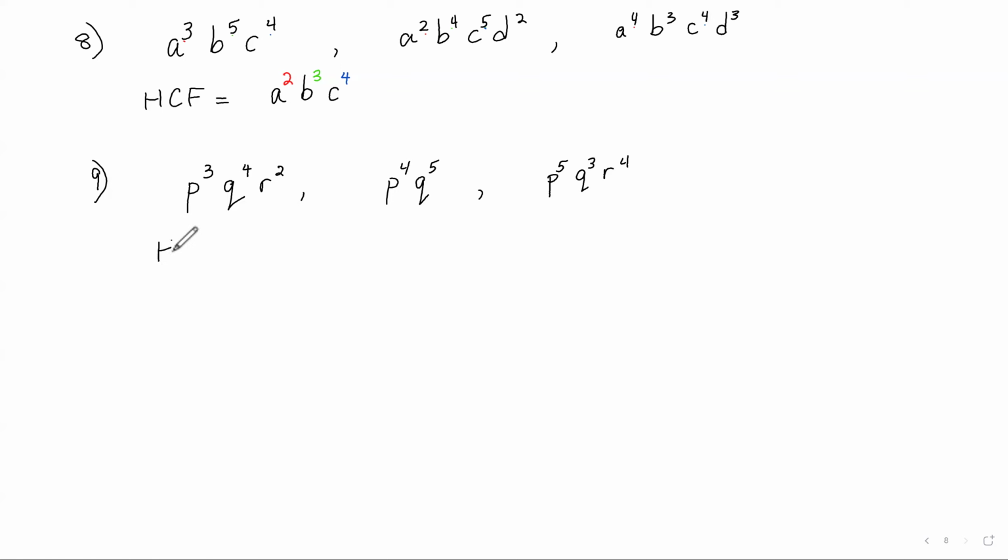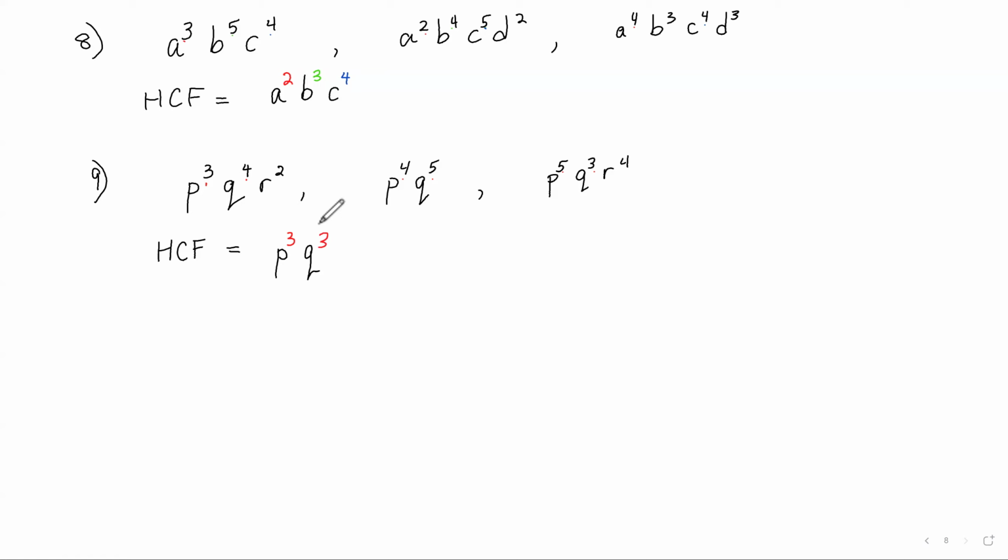So for the highest common factor here, Faith, what would be the letters that make up the highest common factor? P and Q. Yes, it's going to be P and Q. And then the powers: for P we have 3, 4, and 5, so the lowest power of P will be 3. And for Q we have 4, 5, and 3, so that would be 3. So P cubed, Q cubed.